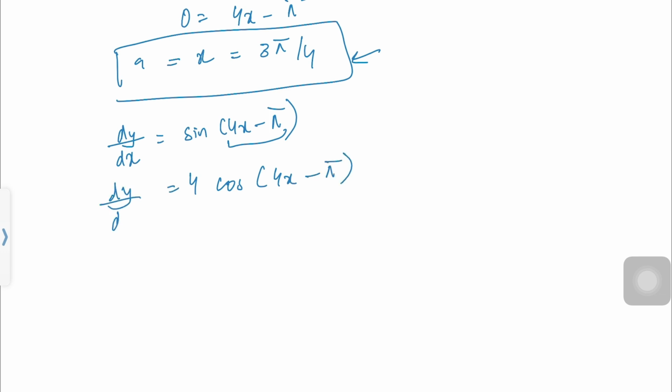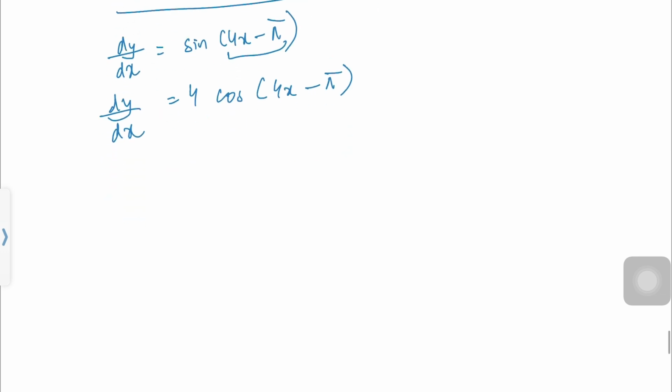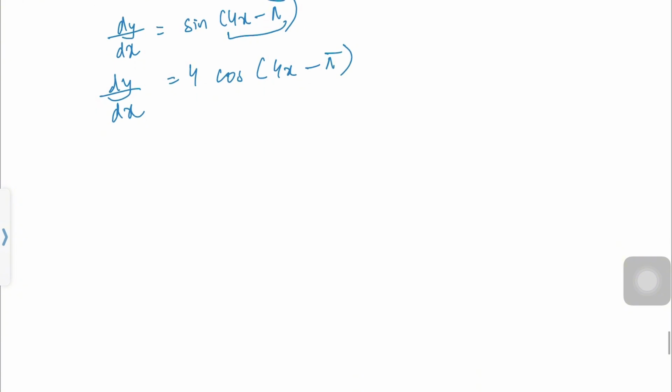Now our normal's gradient would be negative 1 over 4 cos(4x minus pi).